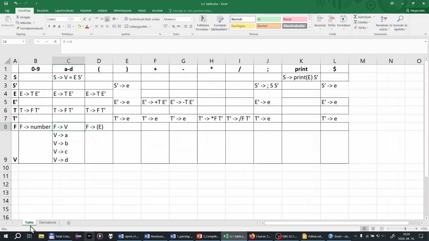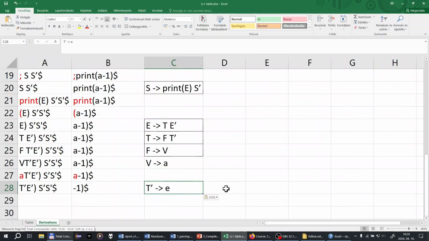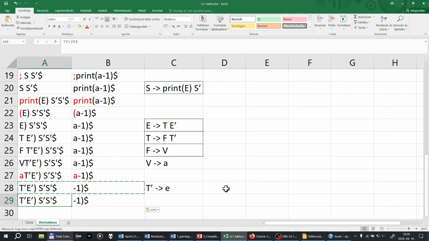And for the minus and T prime we have the T prime to E, so this is eliminated, and then we have E prime and minus.